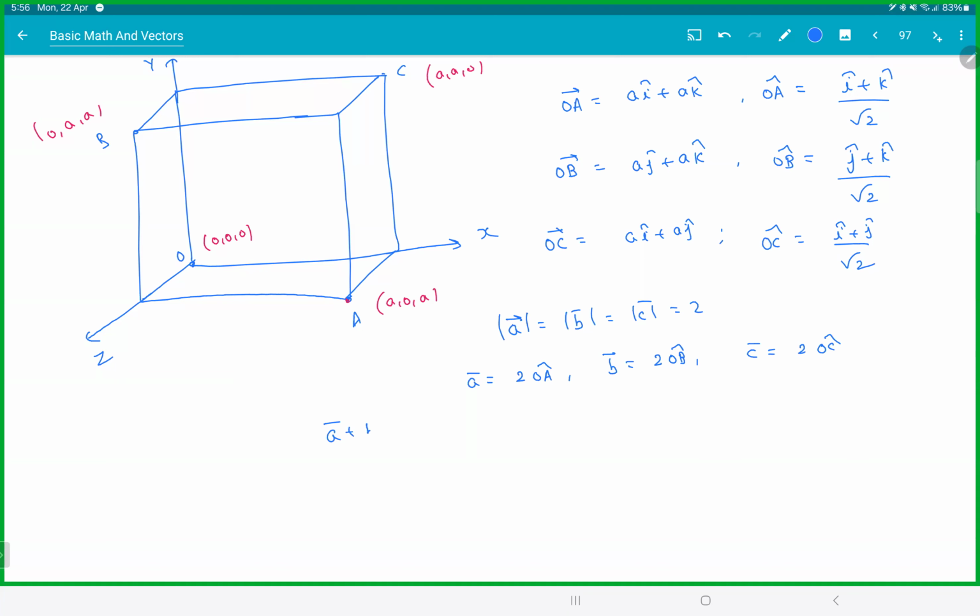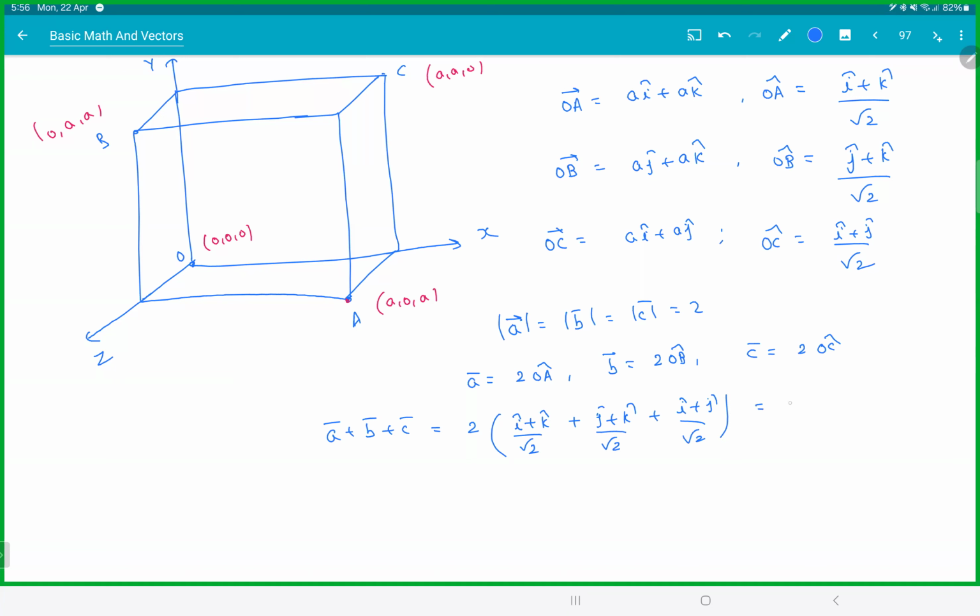So A bar plus B bar plus C bar will be 2 times, just add all that, I plus K by root 2, J plus K by root 2, I plus J by root 2.